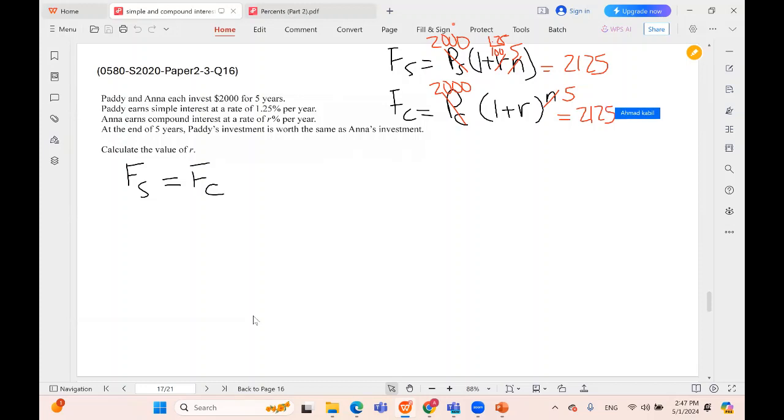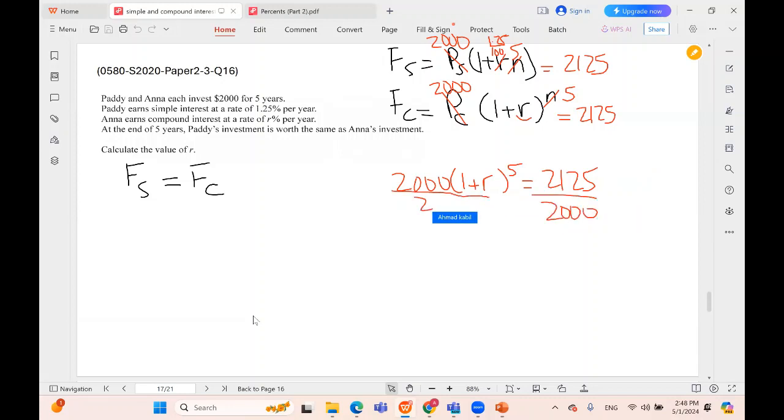We are required to calculate the value of R, so we now have an equation in R, 2000 times 1 plus R to the power 5 equals 2125. We can divide both sides by 2000. These will cancel out.